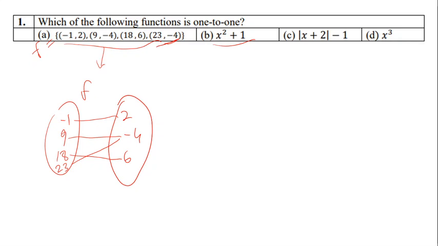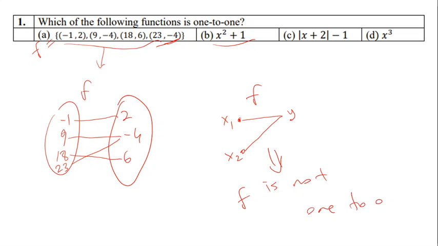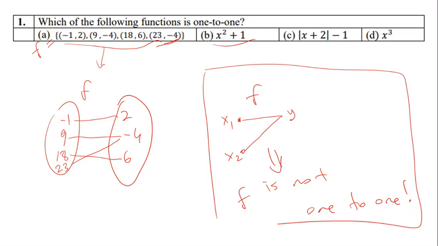As you see, if in a function there are two x values assigned to the same y value, then this function is not one-to-one. So this is the idea.